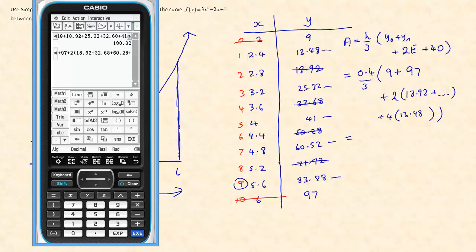Let's just check with the above list. The way I've crossed it, it could have been a 9. 71.72. So 71.72. And then we want 4 lots of the other ordinates.